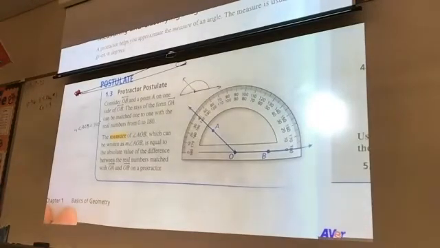Make sure it's on that little crossover. Questions on reading a protractor? What if the line doesn't go past it? Then you're going to have to either extend the line, or just visualize, put a piece of paper next to it along the line, something like that. So you can extend it.